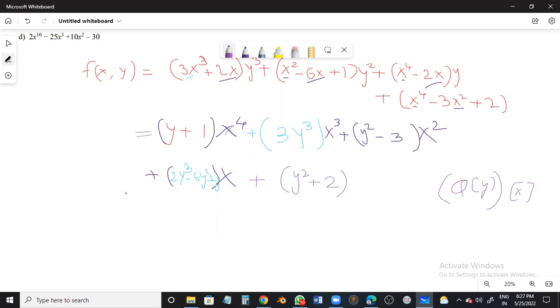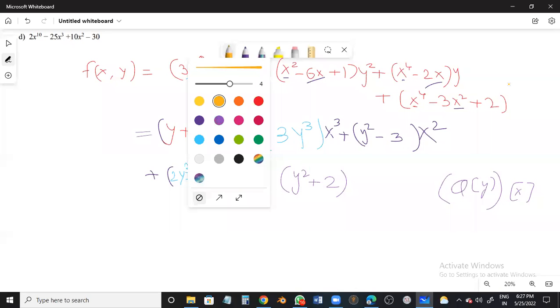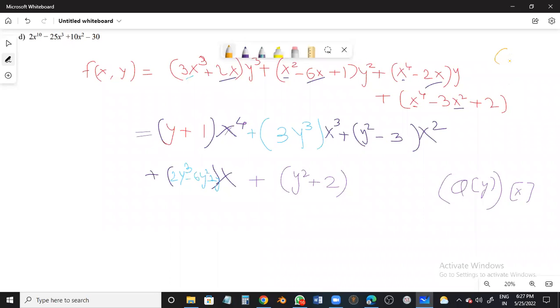Okay, I would like to repeat it for you. See, earlier what was given to me? It was given that it is Q polynomials. I mean the coefficients were in terms of x. So this is Q of x. Coefficients are taken from Q of x and the polynomial is in the form of y.